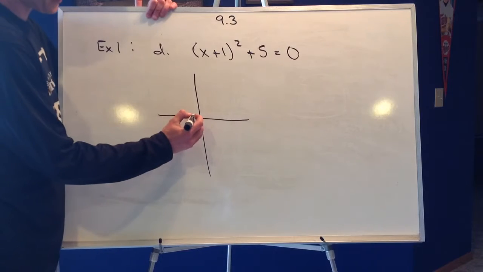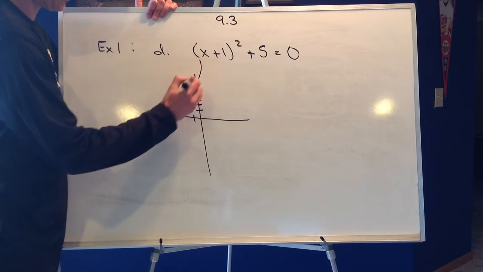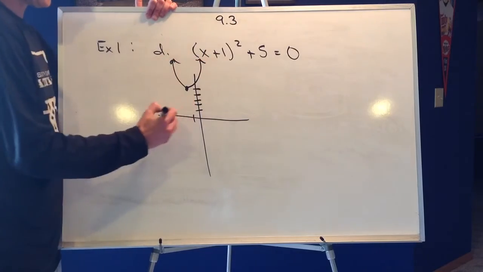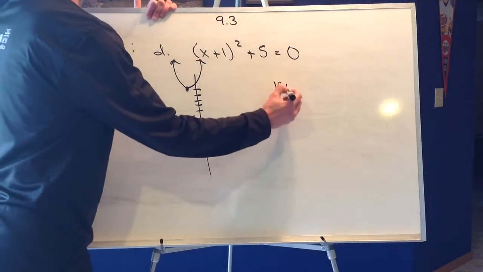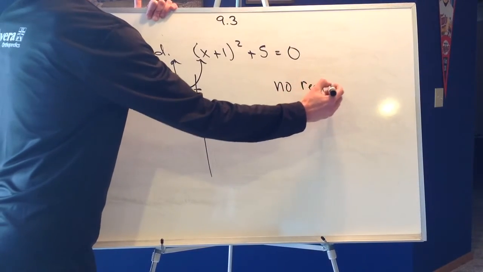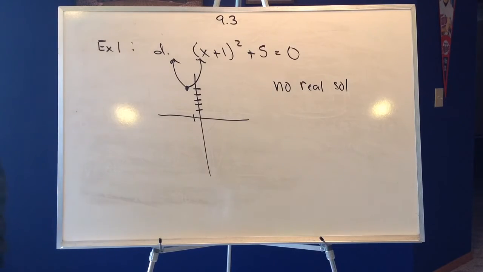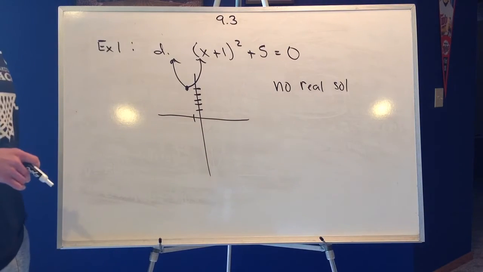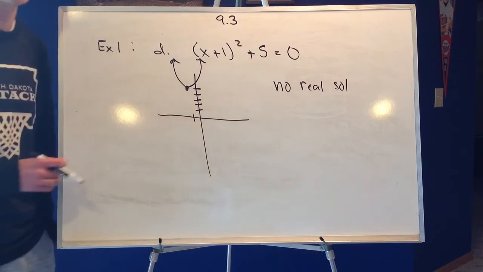Okay, the vertex ends up being right here, and it goes up from there. Okay, this one never touches the x-axis. If it doesn't touch the x-axis, then we say that it has no real solutions. It has what's called imaginary solutions, which you guys will get into in Algebra 2, but it does not have any real number solutions that we can find because it doesn't cross the x-axis.